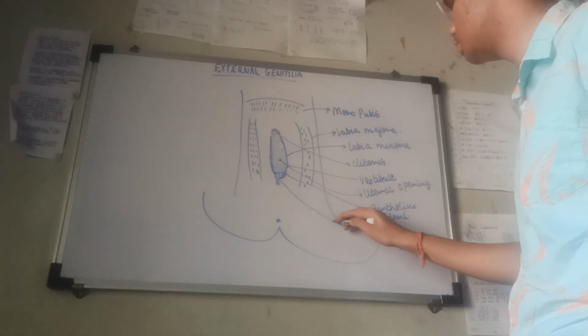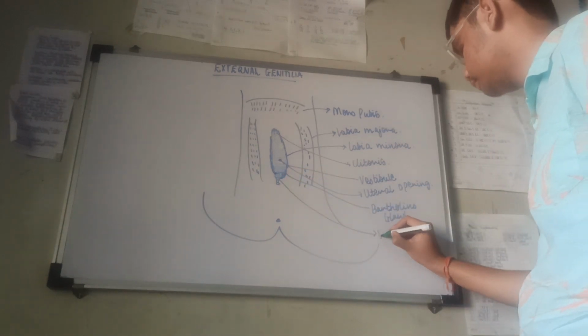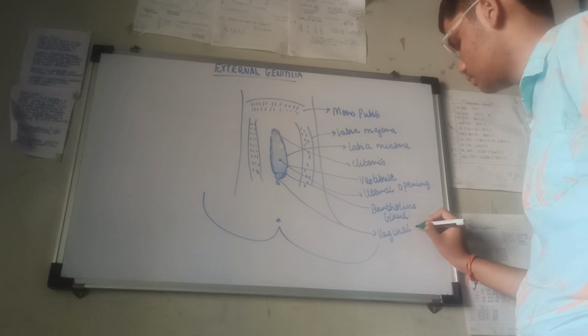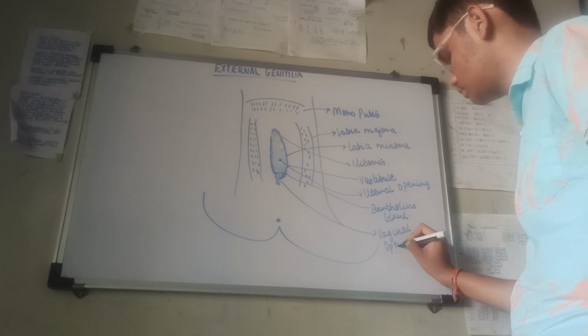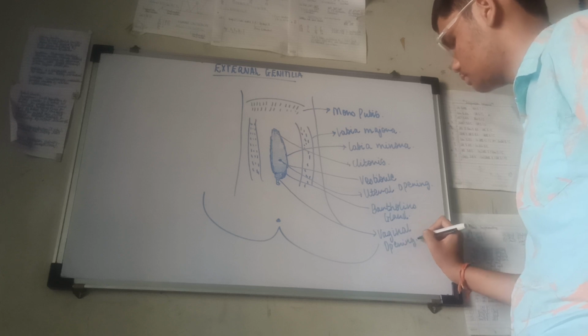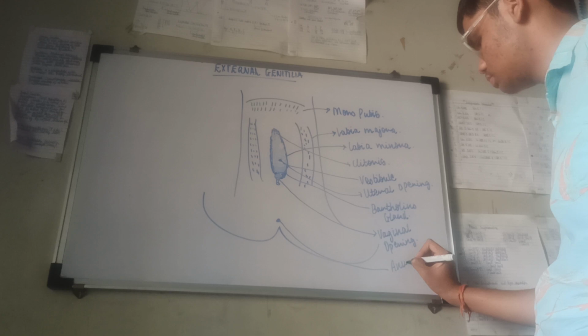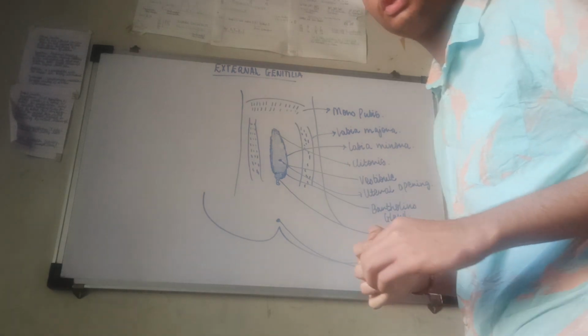And this is the vaginal opening. This last part is the anus. So this is the detailed structure of the external genitalia.